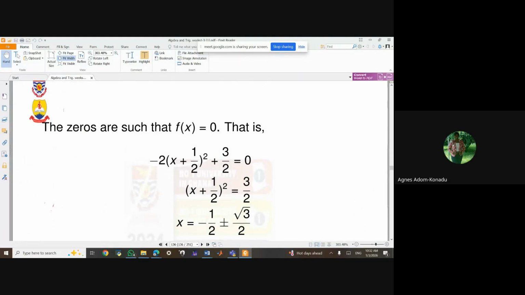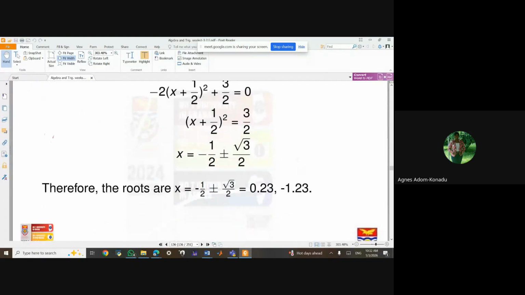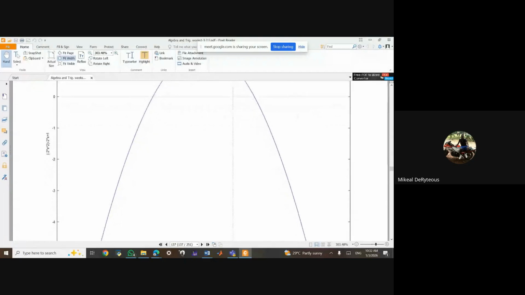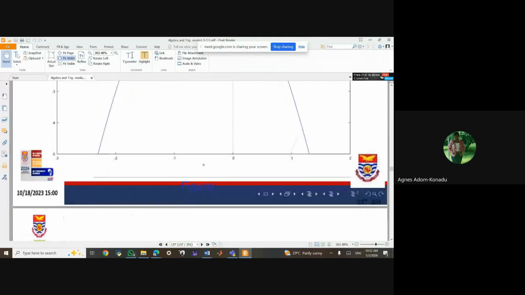Then we find the zeros, either using the quadratic formula or any approach. When you solve it, you get x equals minus 1 on 2 plus or minus the square root of 3 over 2, which is 0.23 and negative 1.23. These are the two values you're going to get. So the graph is going to be like this.